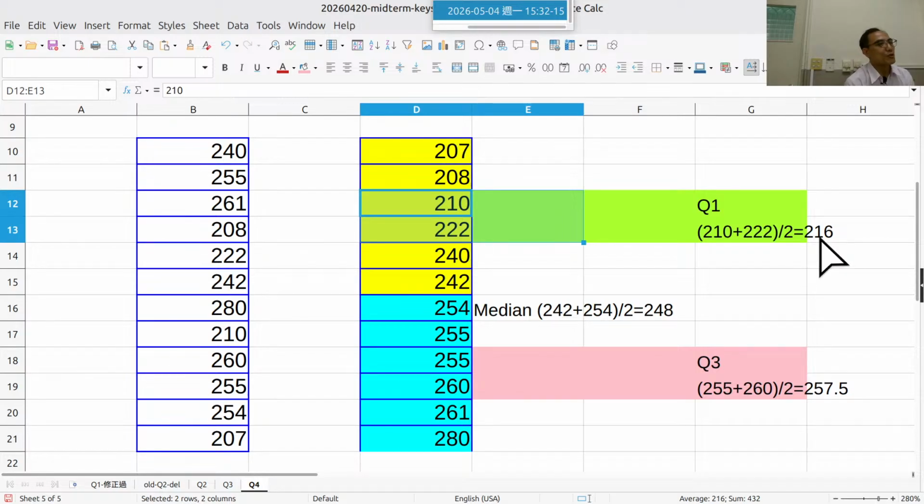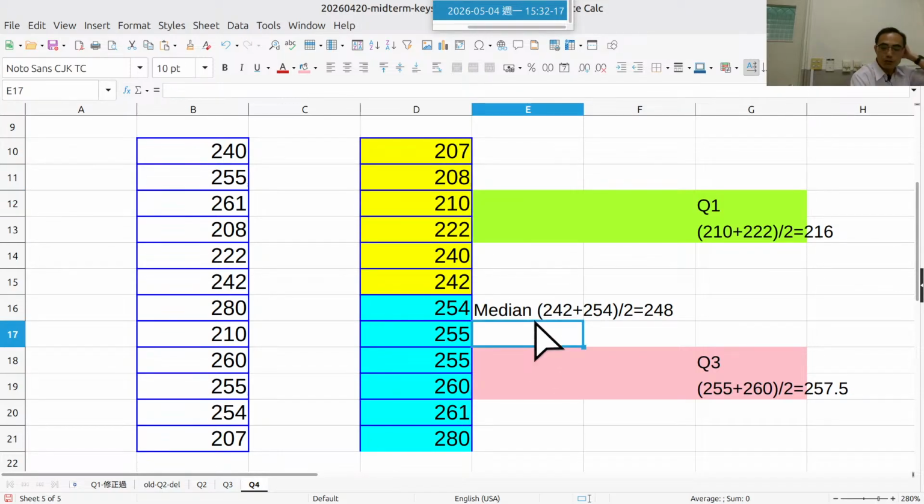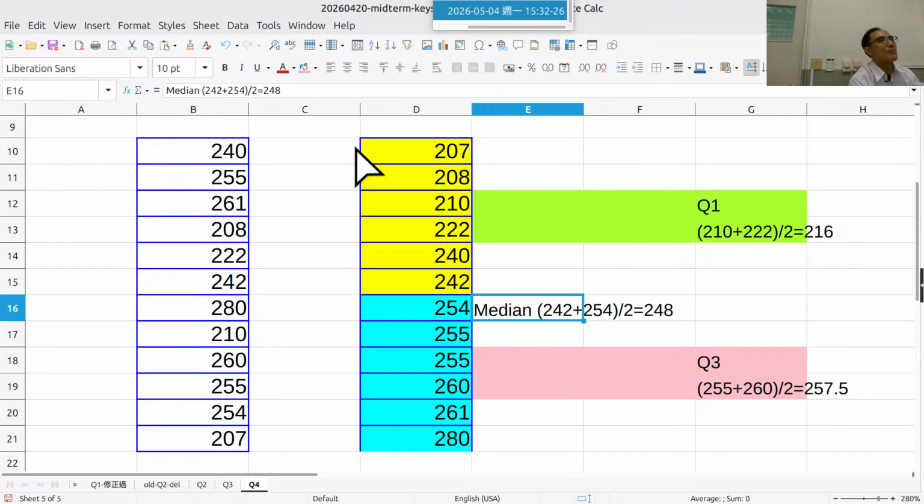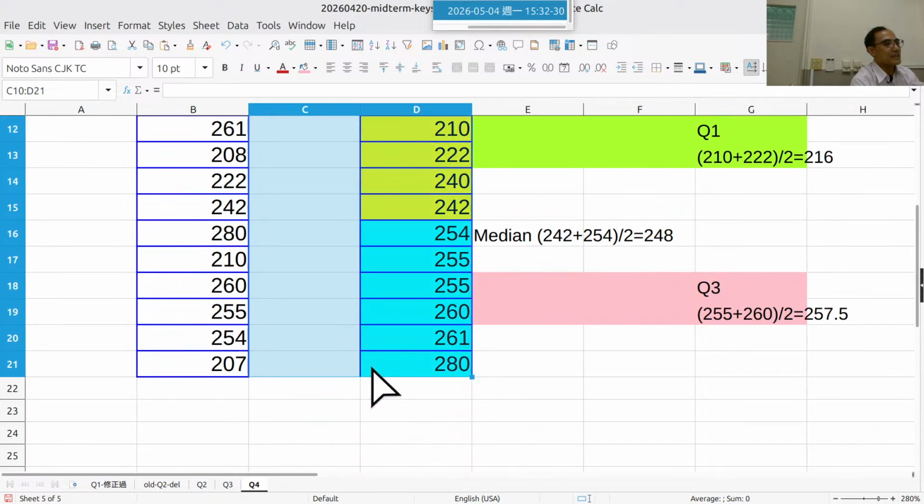Let's move to the median. It's also called Q2. What's the definition of the median? List all numbers from small to big, then find the middle one. If it is an odd number, only one person is in the middle, easy to get.